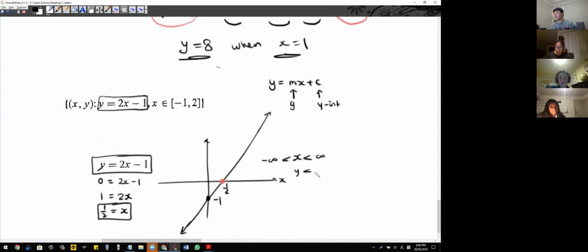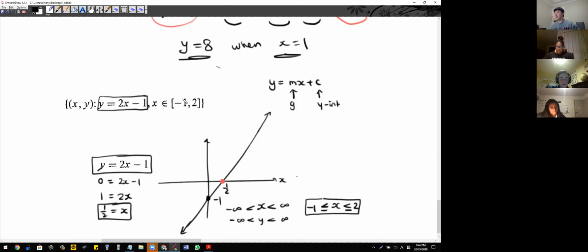Y value is also negative infinity to infinity. However, we have this situation here where they define the domain to be -1 to 2 inclusive. So that's our domain. So the domain is restricted by this rule here.